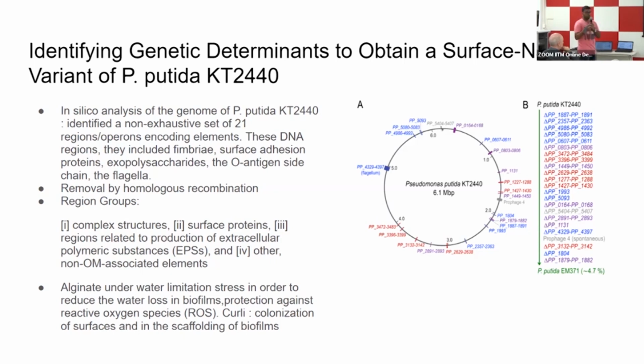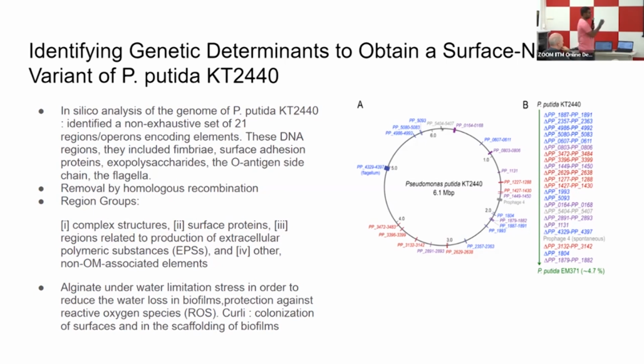Some of the properties are based on the outer surface membrane, such as alginate, which is useful for the bacteria in water limiting conditions, for example under water limitation stress, to reduce water loss in biofilms. Also, it protects against various ROS, that is reactive oxygen species.